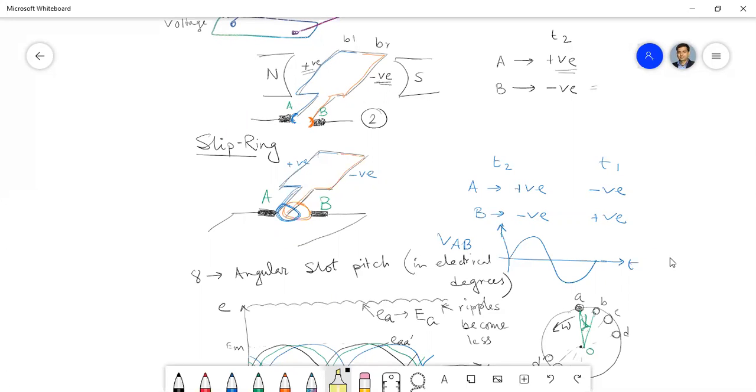Can anybody tell me, we need DC current to flow through the coil, and at the input terminal also we have DC. So what should be the arrangement? Is my question clear?